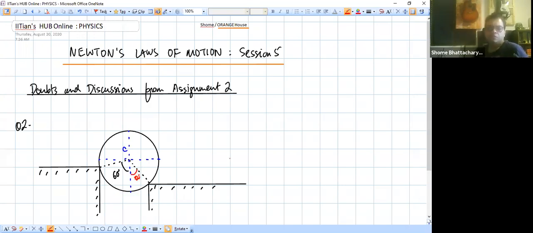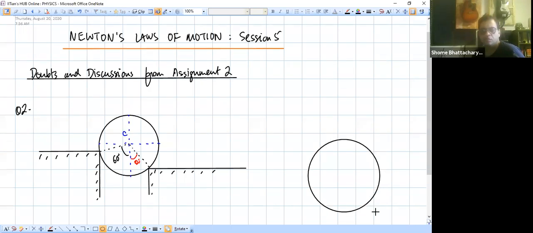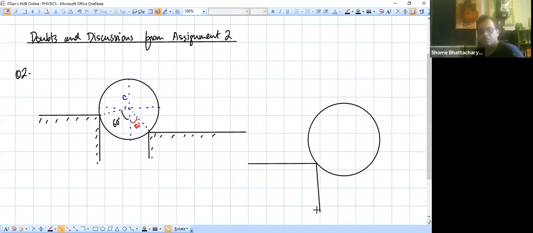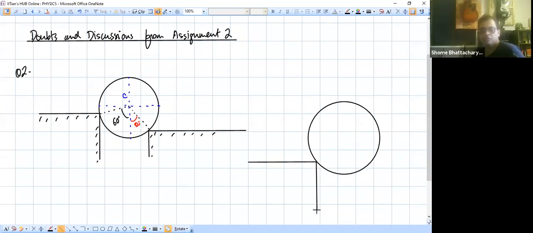Okay. So the whole idea of this question is to understand that when you have a body like a cylinder or a sphere or anything which has a round circumference like this, and it's in contact with a corner point like this, let's just understand this point separately. Then the plane of contact becomes this.